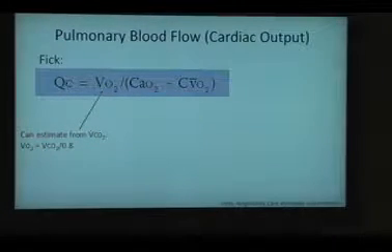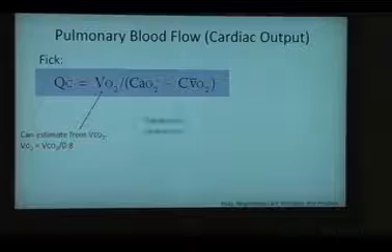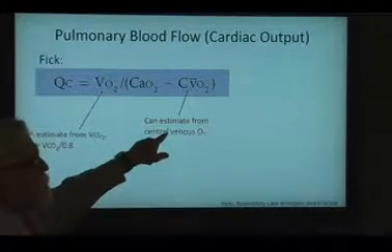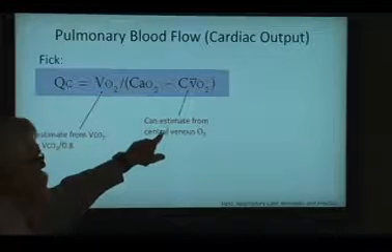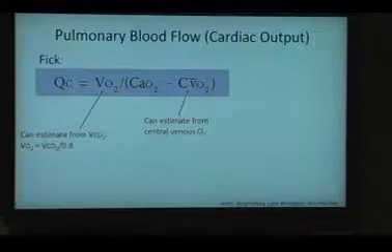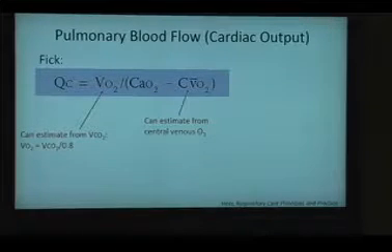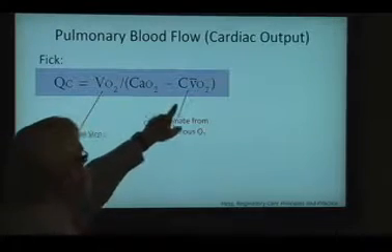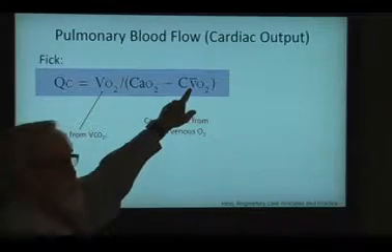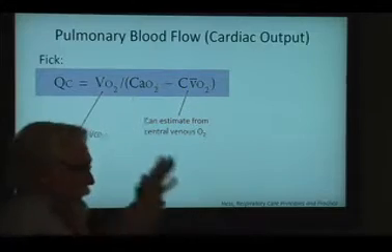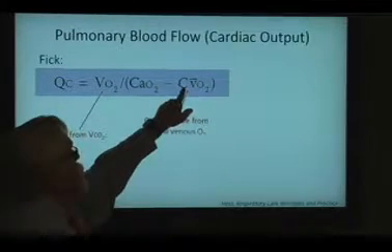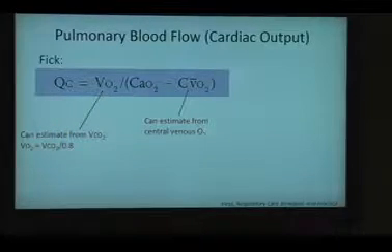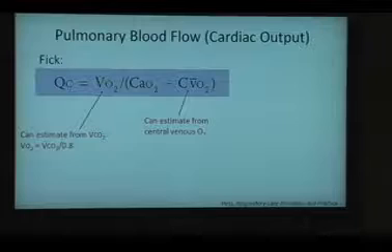estimate of oxygen consumption. And if we draw a central venous blood sample and measure the central venous blood gases from a central venous catheter rather than from a PA catheter, that gives us a reasonable estimate of the central venous oxygen content. Technically speaking, the mixed venous oxygen content should come from a sample of blood drawn from the distal tip of the pulmonary artery catheter.